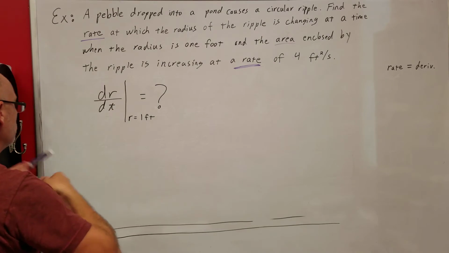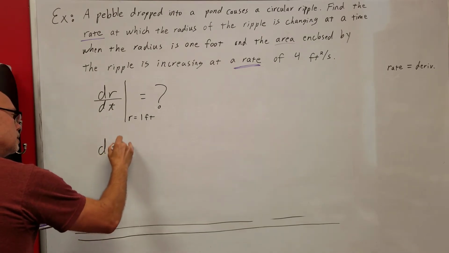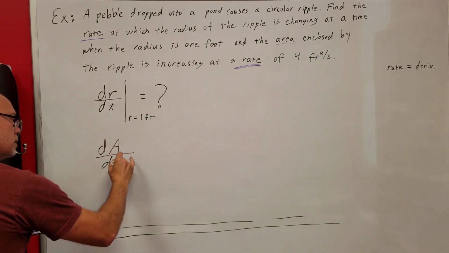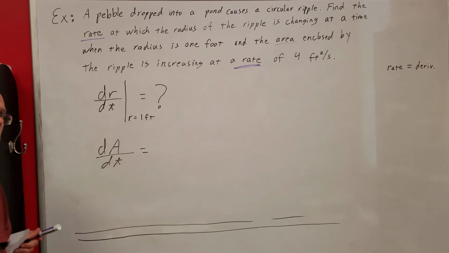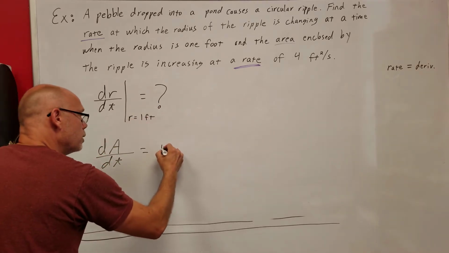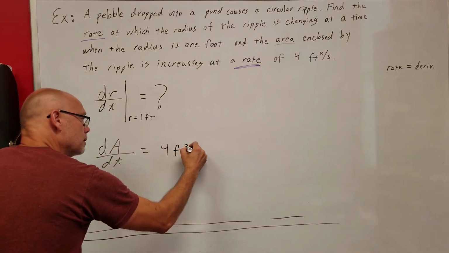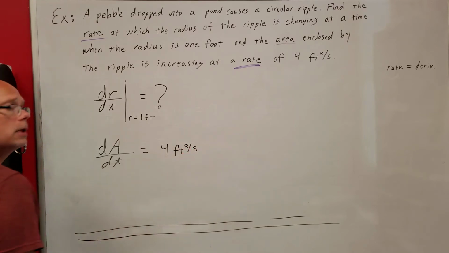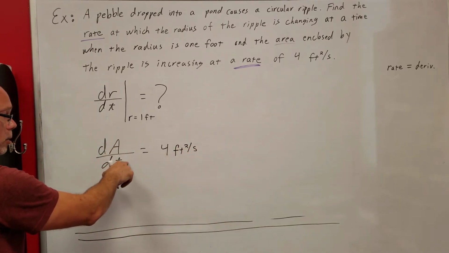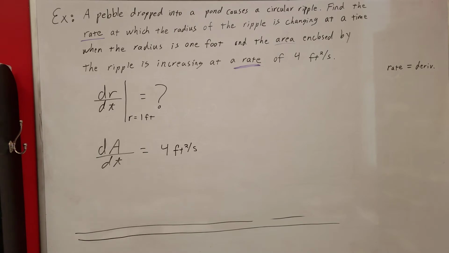So that's going to be the derivative of the area, dA, with respect to time. Okay? Derivative of area with respect to time. And what are they saying? It's increasing at a rate of 4 square feet per second. So what are they saying? The derivative of area with respect to time is 4 square feet per second.